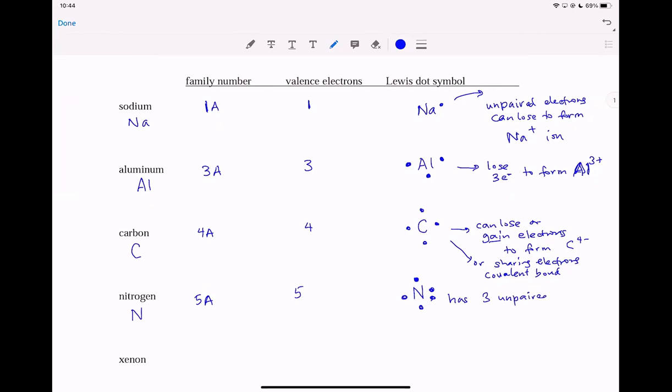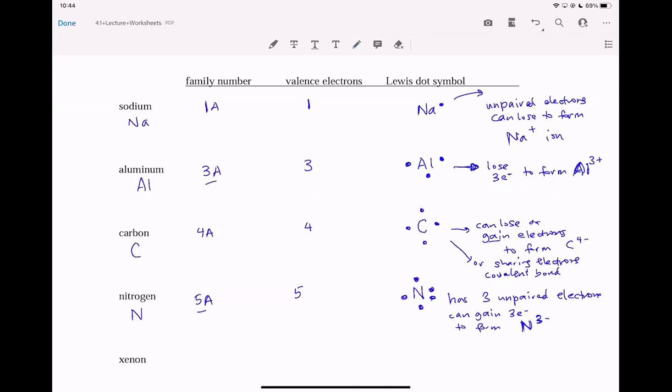And so what will happen is that this is similar to aluminum, where aluminum can lose 3 electrons. This can gain 3 electrons and form the nitrogen anion, which is N3 minus. And so remember, everything in family 5A forms -3 ions, just like everything in family 3A forms +3 ions.